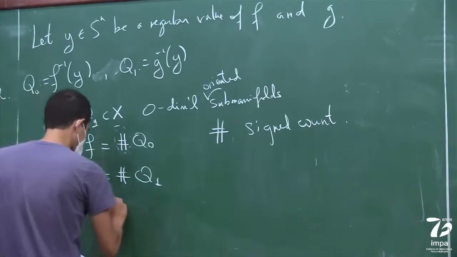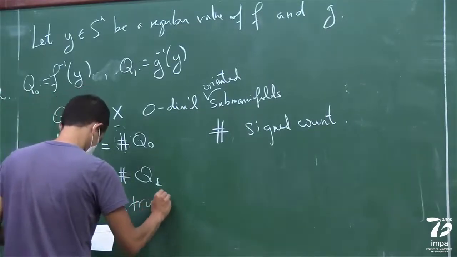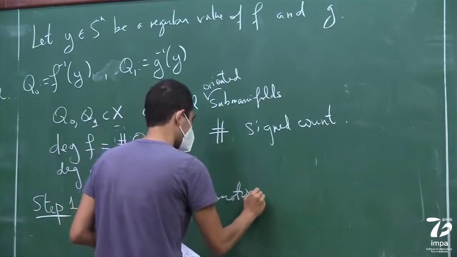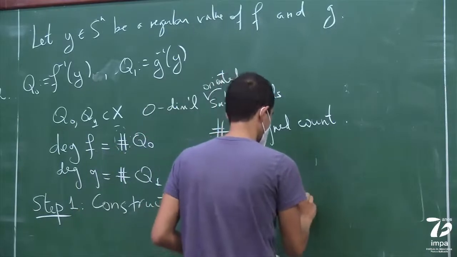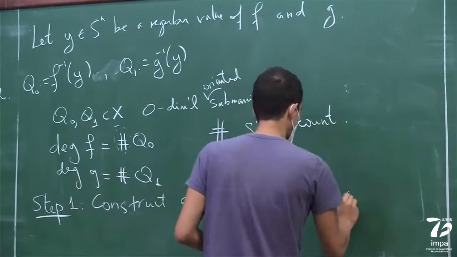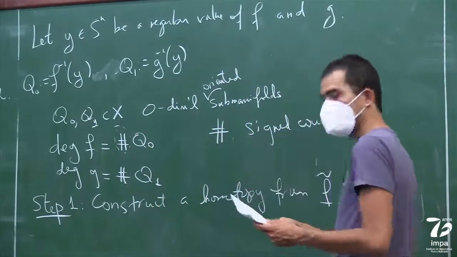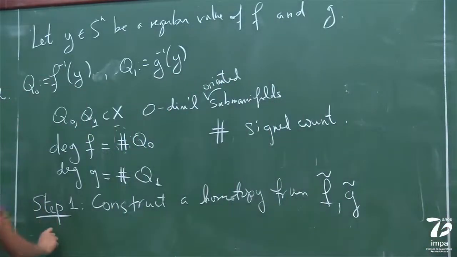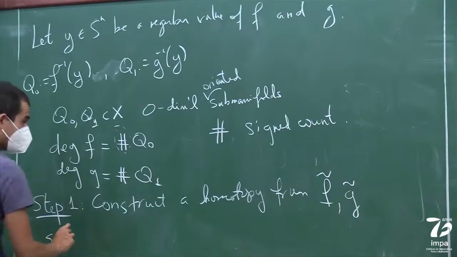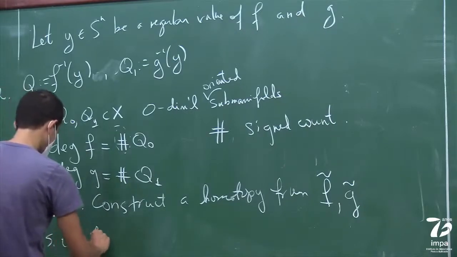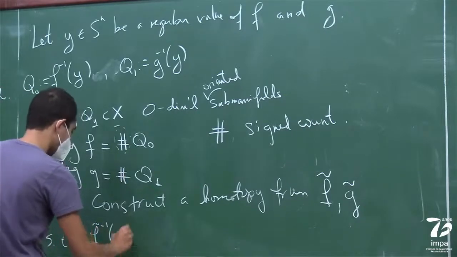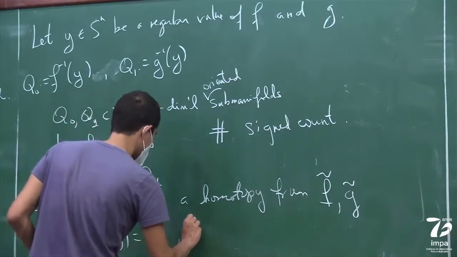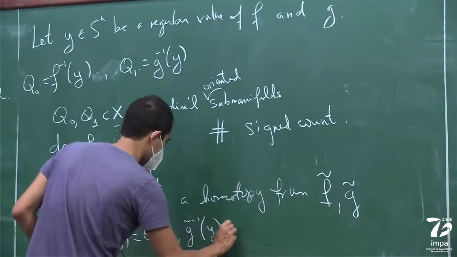So the first one is to construct a homotopy from two other functions, f tilde and g tilde, such that basically the preimage of y by f tilde is q0 and g tilde is q1.